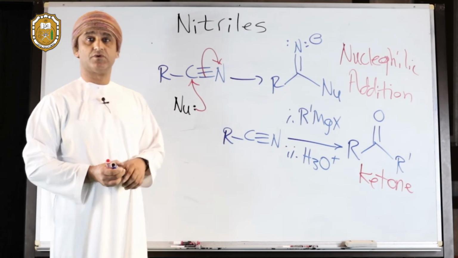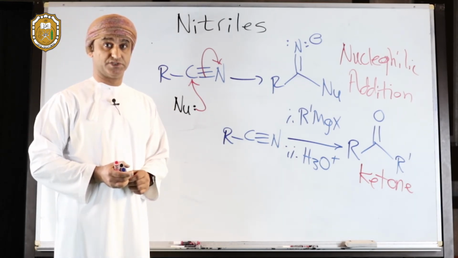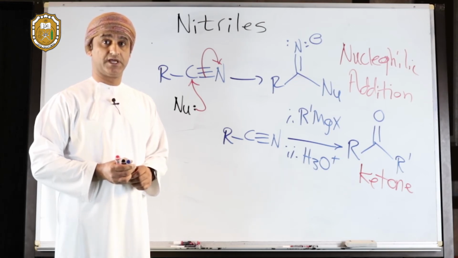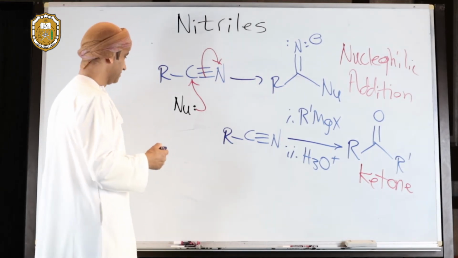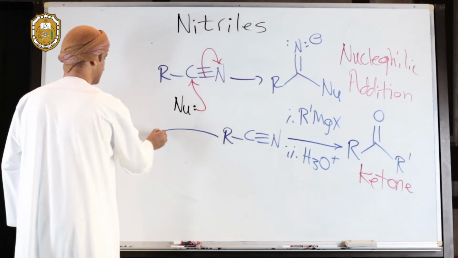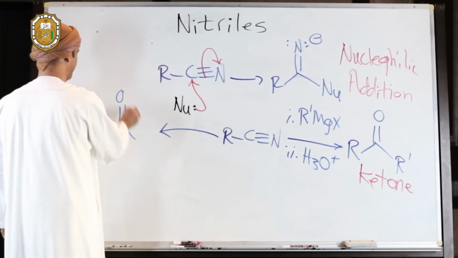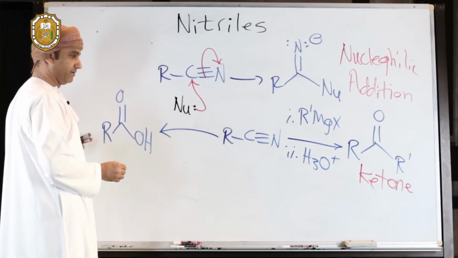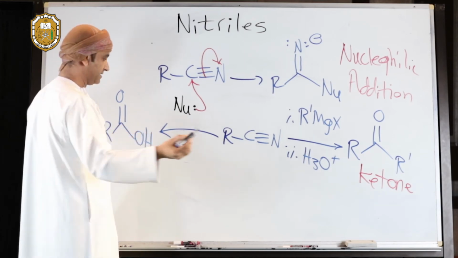Nitriles can also undergo hydrolysis reactions under either acidic conditions or basic conditions, and if they do, they give the corresponding carboxylic acids. So nitriles can be converted into carboxylic acids of this general structure under either acidic hydrolysis or basic hydrolysis.